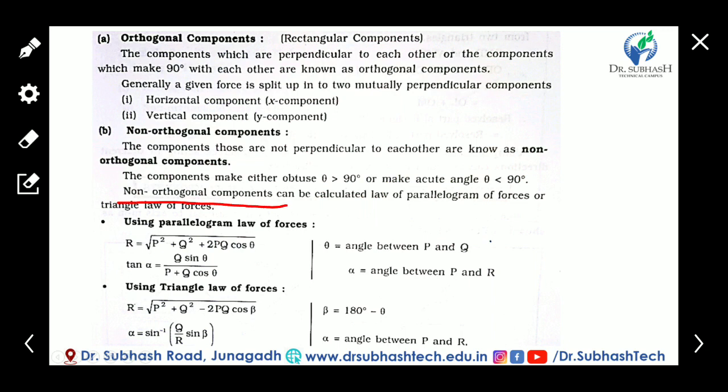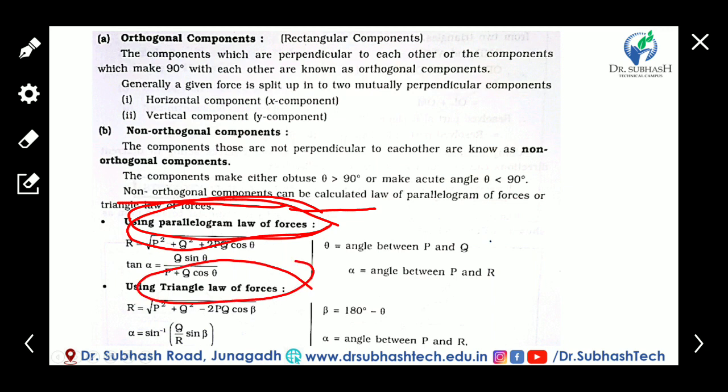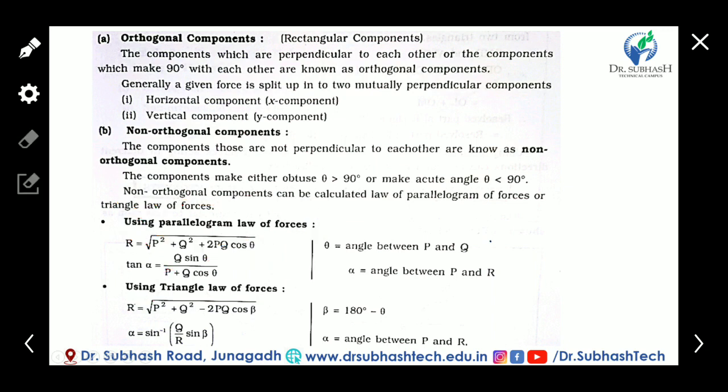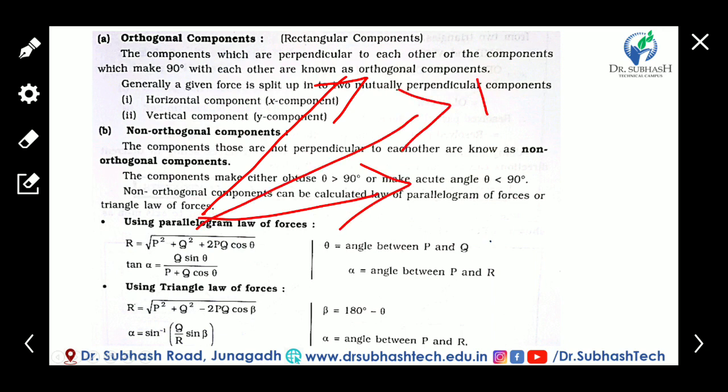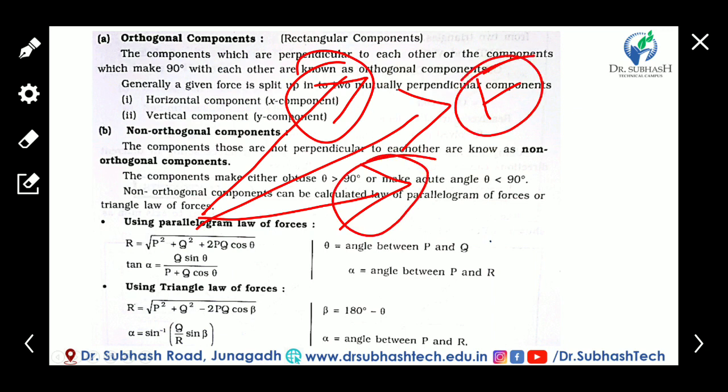Non-orthogonal components can be calculated with the help of two laws of forces: the parallelogram law of forces and the triangle law of forces. We already saw that if two forces are there, then we can find the resultant, and we can say that this is the force and these are the two components of this resultant.